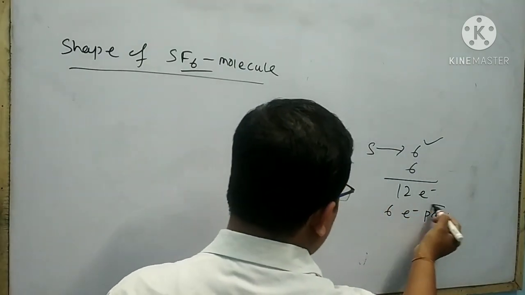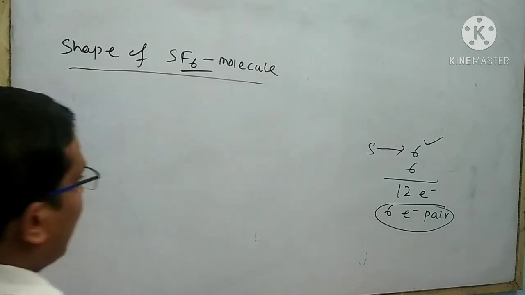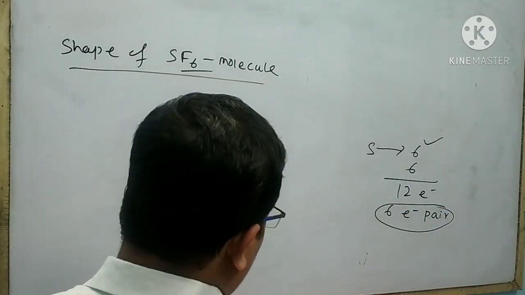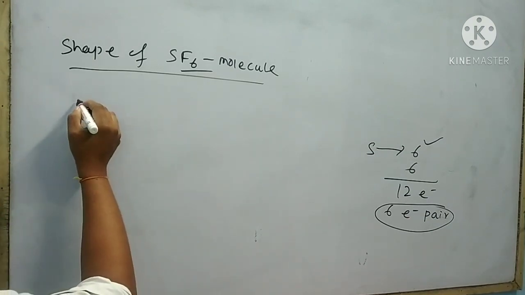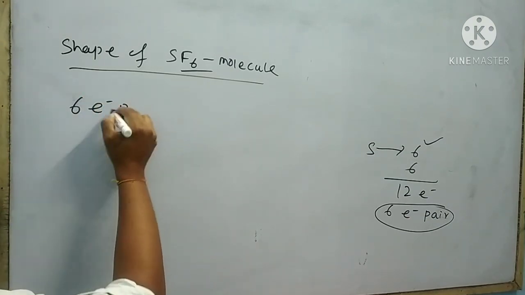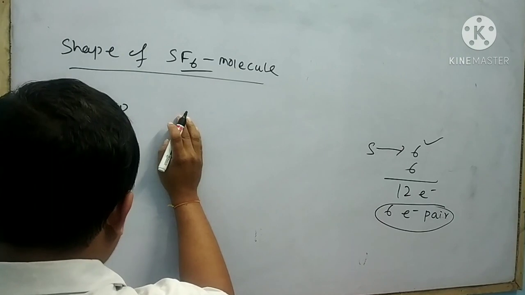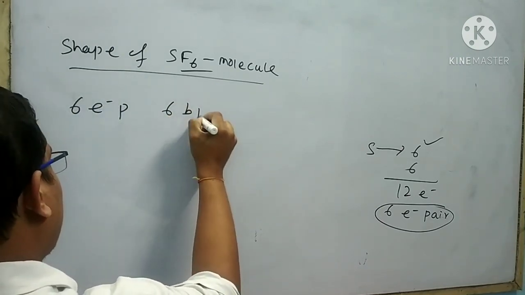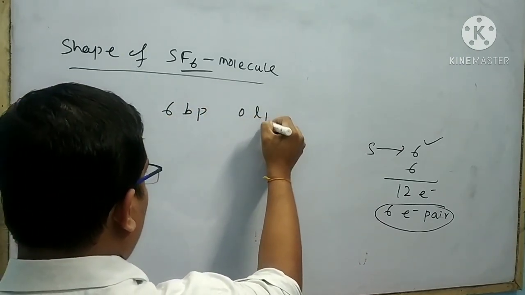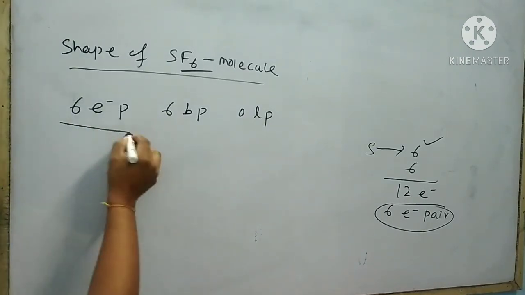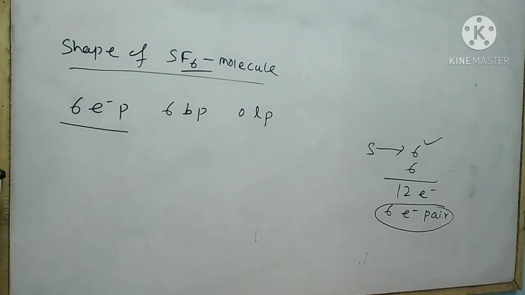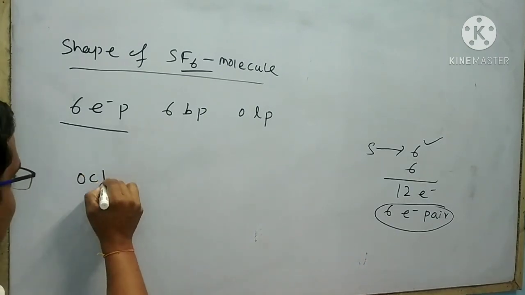Among the 6 electron pair, all are bond pair. There is no lone pair. Since there are 6 electron pair, the geometry of the SF6 molecule is octahedral.